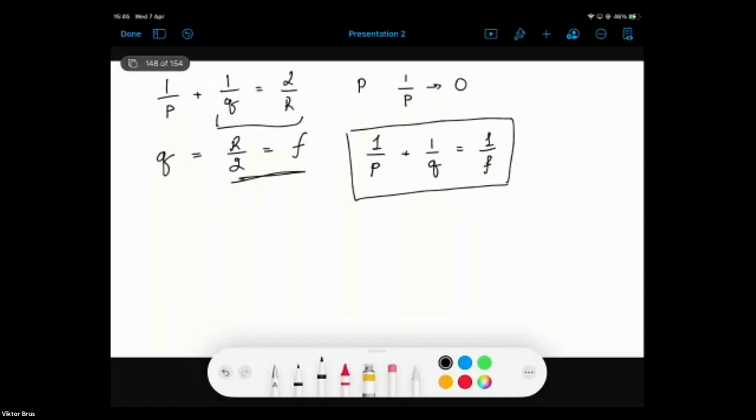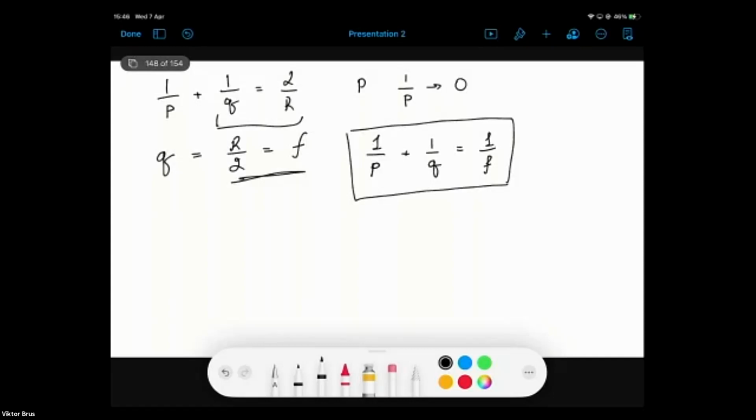Image height h prime is positive if the image is upright, in this case, and negative when the image is inverted. So in the previous example, when we had an image here but it was inverted, then h prime should be taken as negative. Focal length and radius are positive when the mirror is concave, so when reflection happens from the inner concave surface of the spherical mirror, and negative when we have a convex mirror.